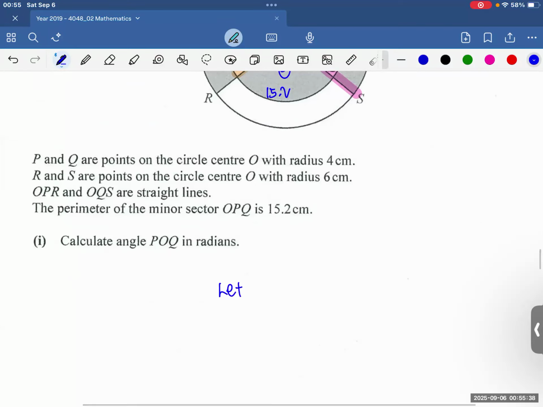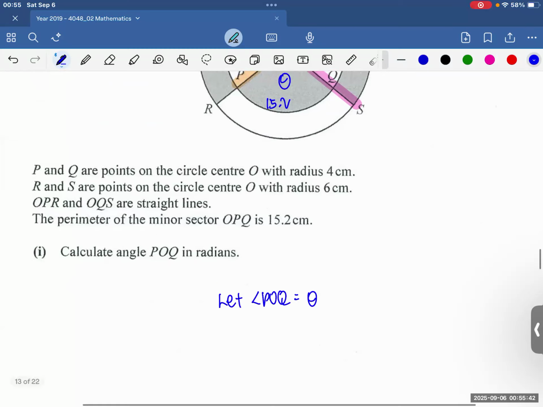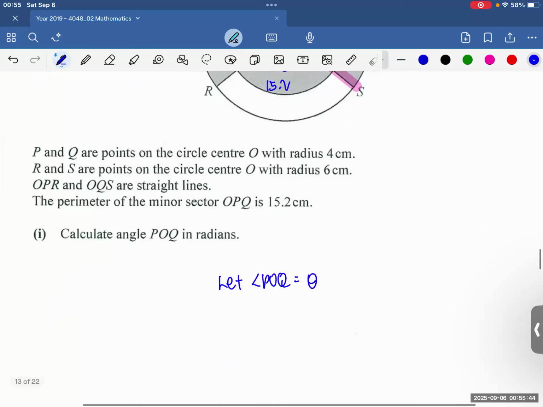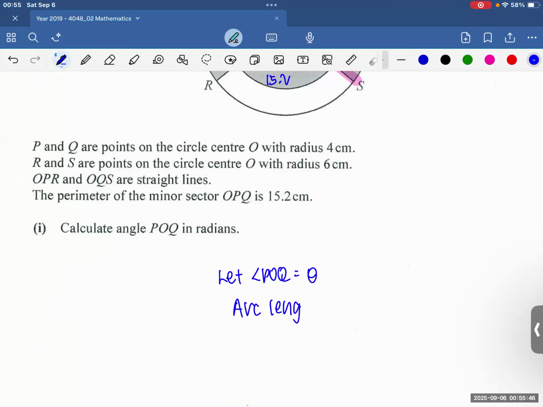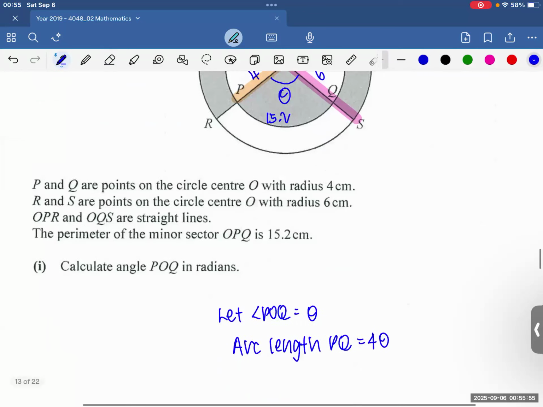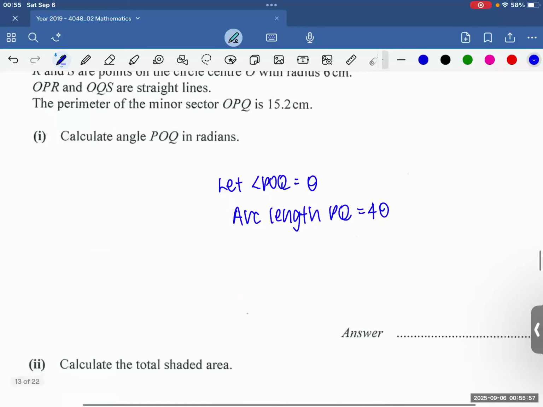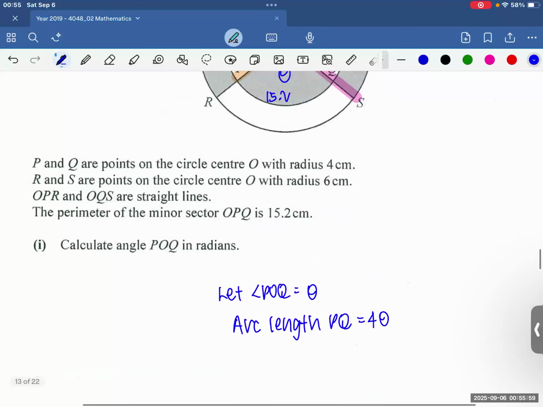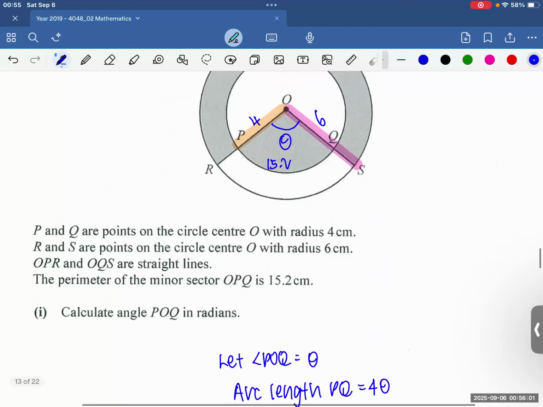Let's set down the ground rules first. The angle POQ is theta. Now we can find the arc length. The arc length of PQ is 4 theta. Why? Because the radius is 4 cm. Now we can find the perimeter of the minor sector OPQ.